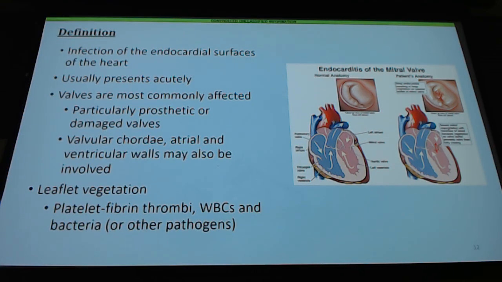Now you lose that protective barrier, and that infection, that inflammation, that healing process can then affect the actual function of the myocardium, the conduction system, or even the blood vessels bringing blood to the myocardium. So you can imagine what problems can develop in somebody who has a situation like this.